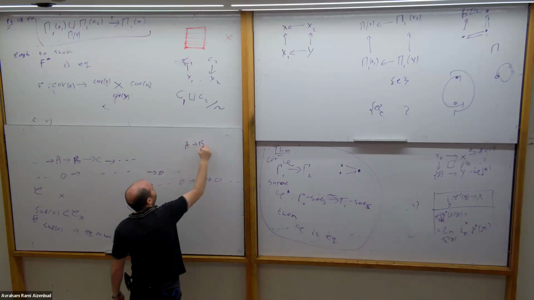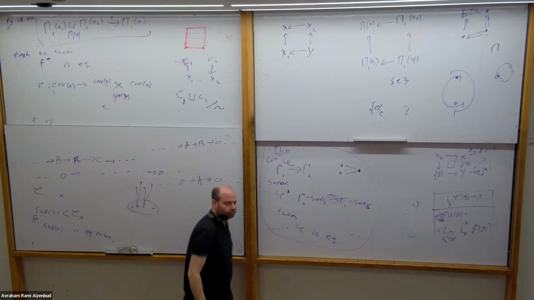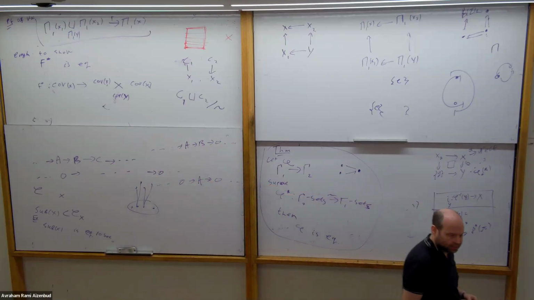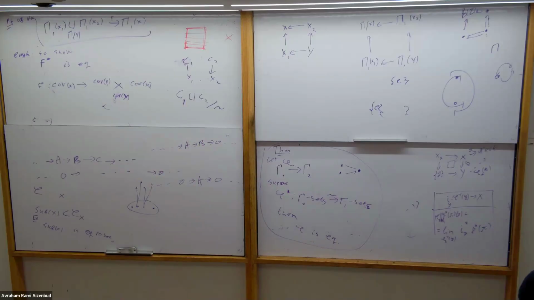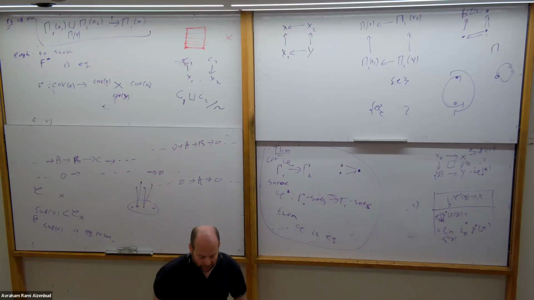Now we have A, B. What does it mean that such a sequence is exact? The average is 0. The what is 0? The average. It's isomorphic to B. Exactly.